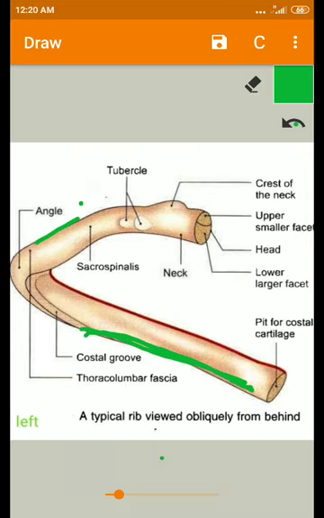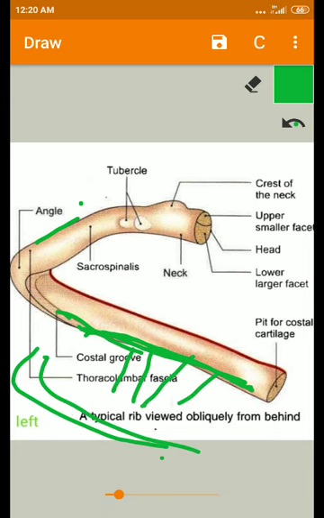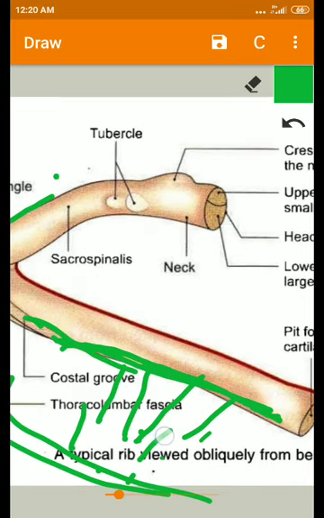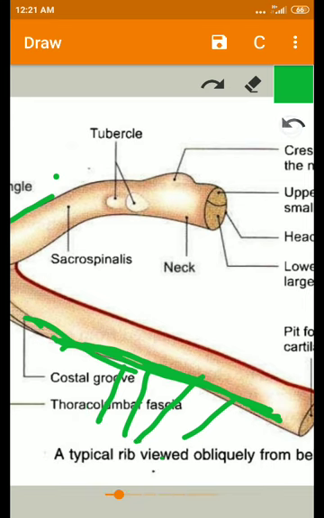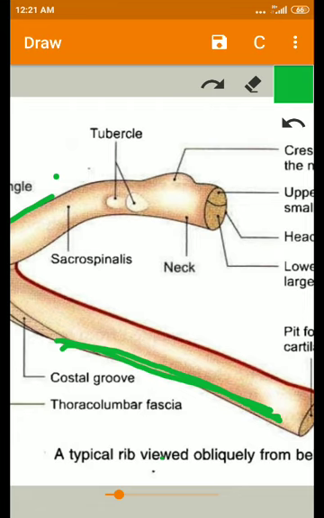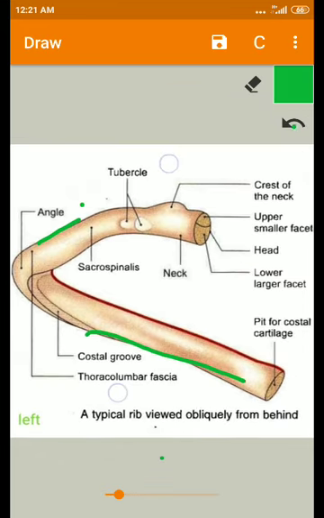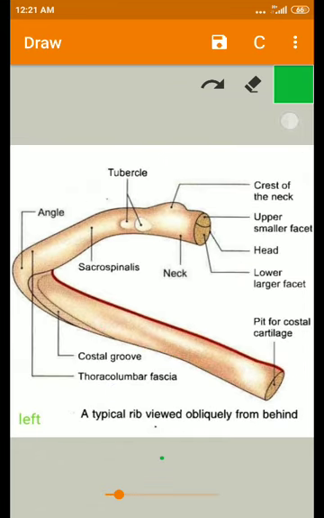So the lower border and the costal groove give origins of intercostal muscles, and they are inserted on the superior border of another rib. These two muscles are inserting, one at the inner lip and one at the outer lip. These are the features of the typical rib as well as the attachments.